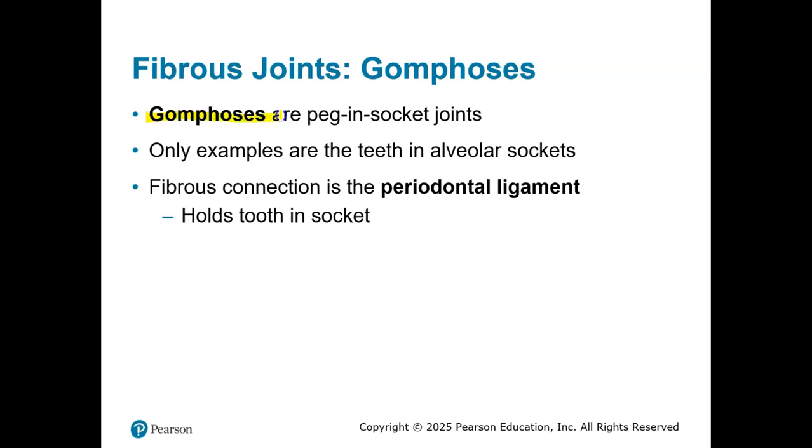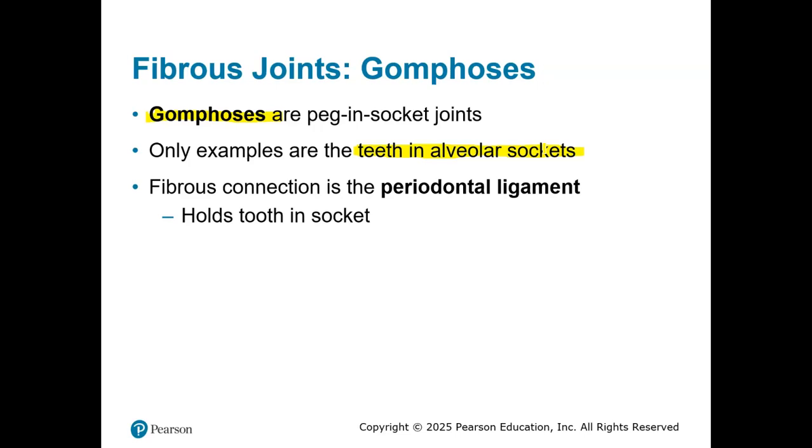Then we have fibrous joints called gomphoses. The only example is the alveolar sockets for the teeth. The teeth sit inside the alveolar sockets in the maxilla and the mandible, which both have those.